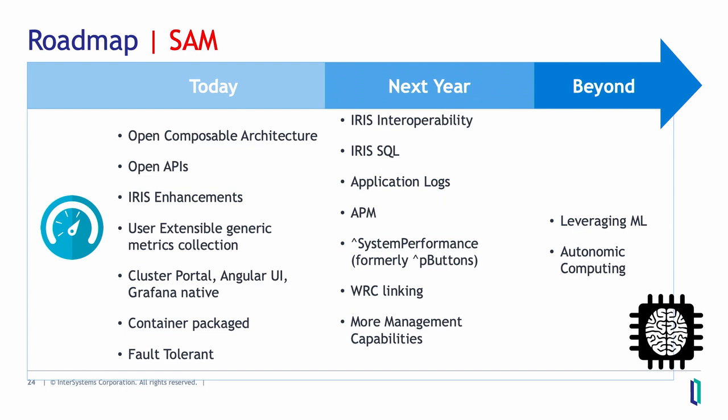So next year, as part of the roadmap, there are many improvements and ideas that we have and just need to execute on. Here's a list of some of the items, including IRIS interoperability with production queues, SQL execution performance, application logs and sensors, and so on.